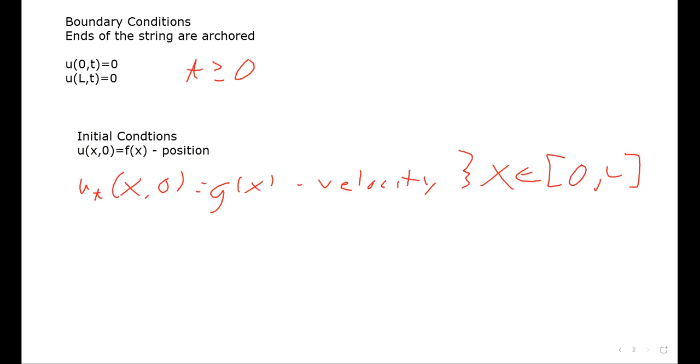So we're going to go through a couple of different situations depending on all of our different details. The first one is an elastic string with a non-zero initial displacement.